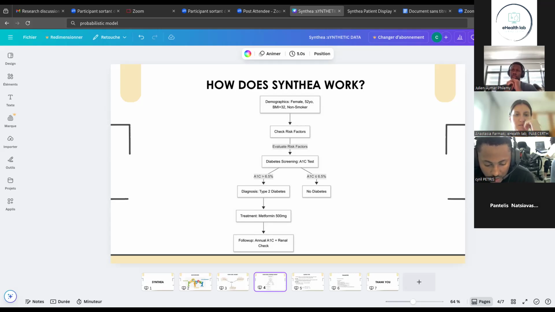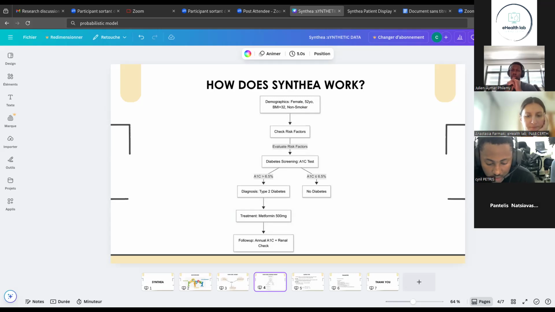The information is stored and used to weight the probability of the edges. So this person most likely can have diabetes or not, and if she has a specific treatment for this diabetes. That's a really simple view of what a graph in Synthea looks like.